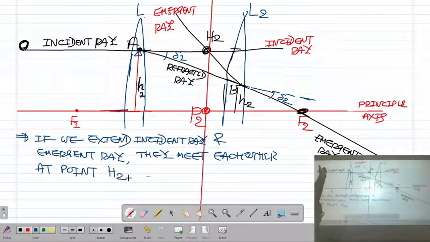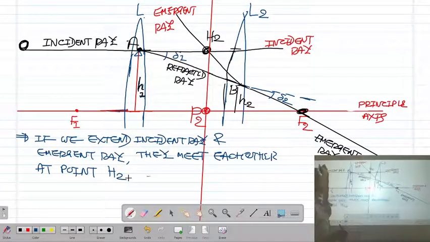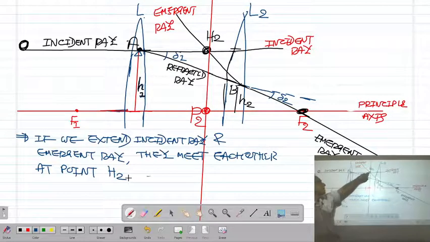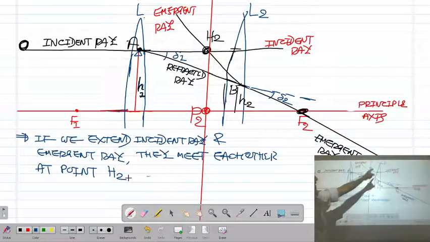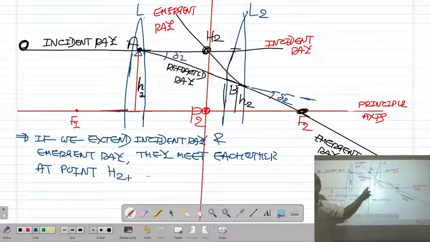You can see in the diagram that they extend the incident ray in forward direction and the emergent ray BF2 in backward direction, and both the rays are meeting at point H2. The plane passing through point H2 and perpendicular to the axis, H2P2, is called the second principal plane, and point P2 is called the second principal point.